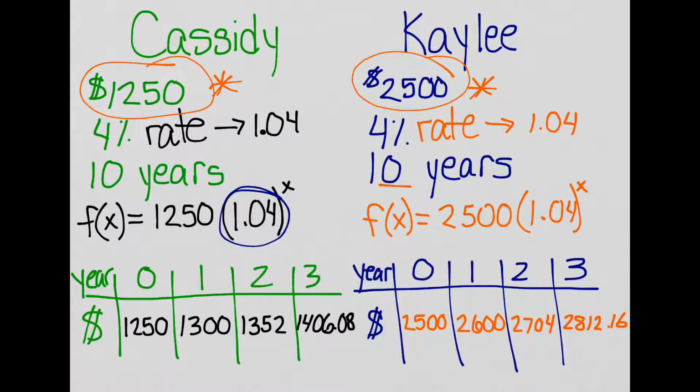So you could see here that she had 2,600 while Cassidy had 1,300, and 2,704 is exactly twice 1,352. And if you look at the end of your tables, you can see that one is exactly twice the other. And that makes sense because she started with twice as much. She should end with twice as much. Yes, the initial value does affect the final value.